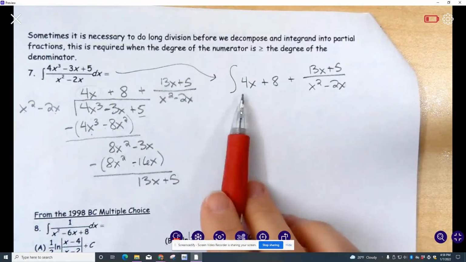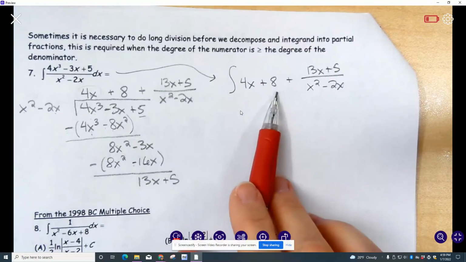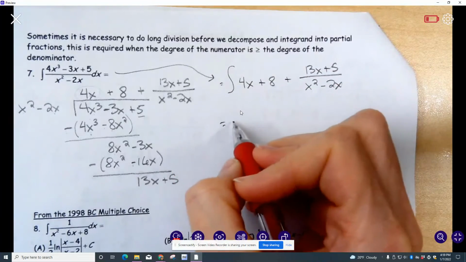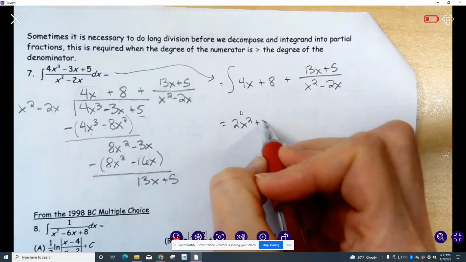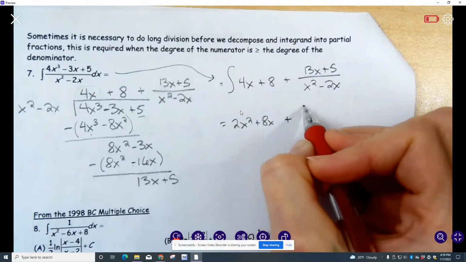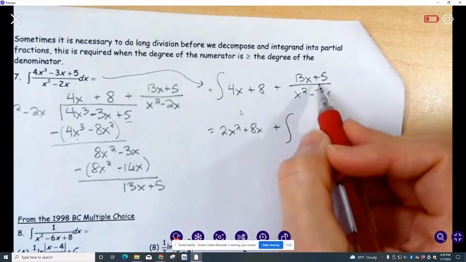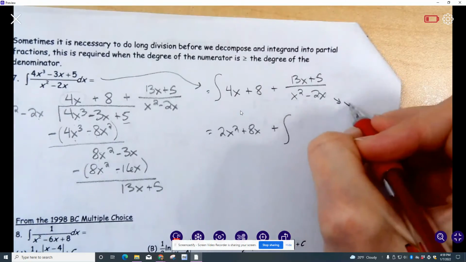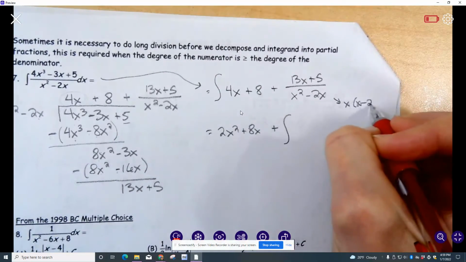Now, this you can just do your antiderivative like normal. So actually the antiderivative of that would be 2x squared plus 8x plus the antiderivative of this rational function here. This bottom factors into x times x minus 2.